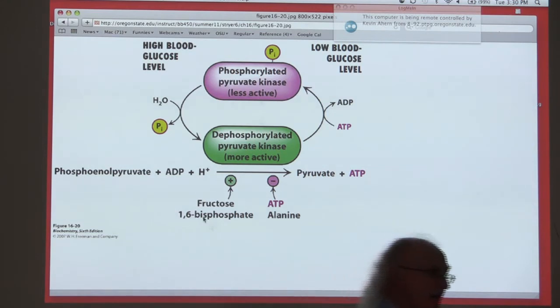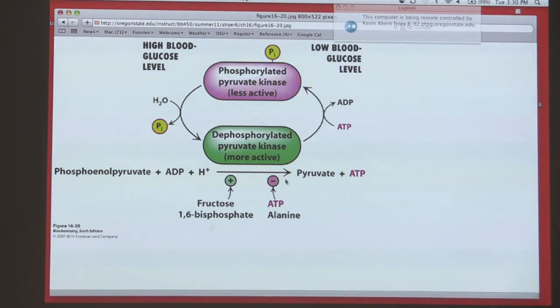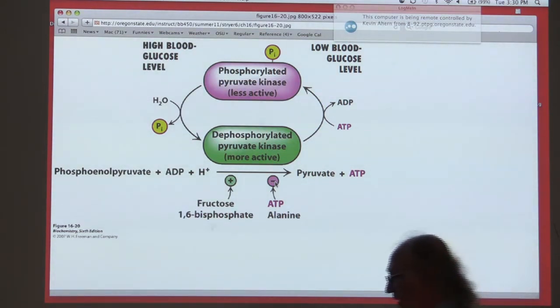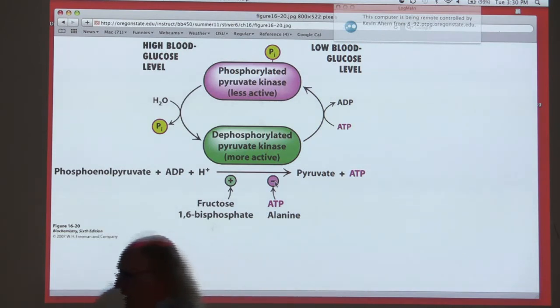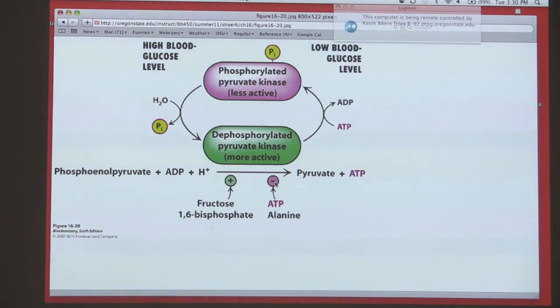That was that example I gave you of feed-forward activation. That enzyme is also allosterically inhibited by ATP. Now, that makes very good sense if you think about it, because again, if cells have plenty of ATP, they don't want glycolysis going any further. They stop it in its tracks, and they stop it by stopping pyruvate kinase.